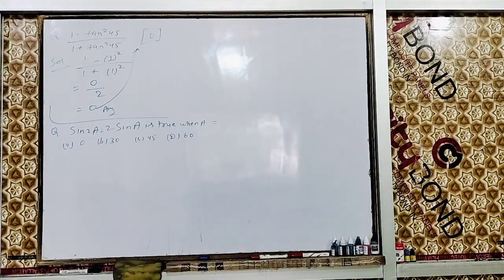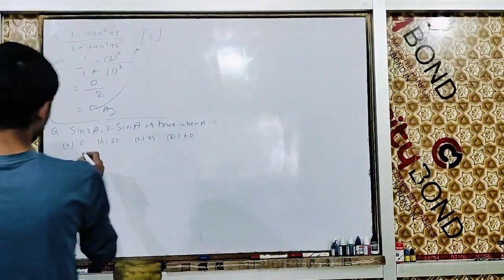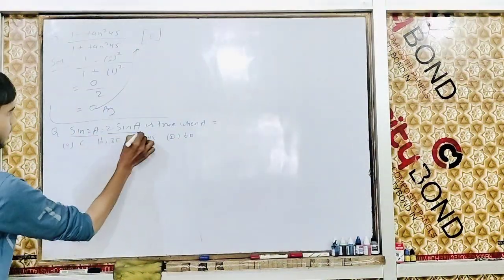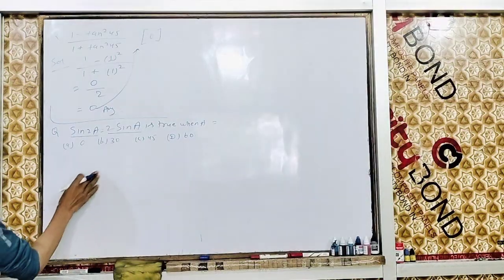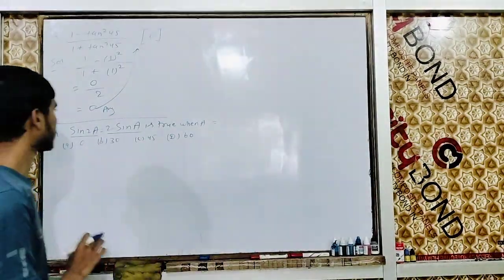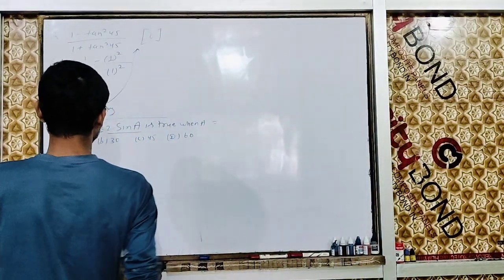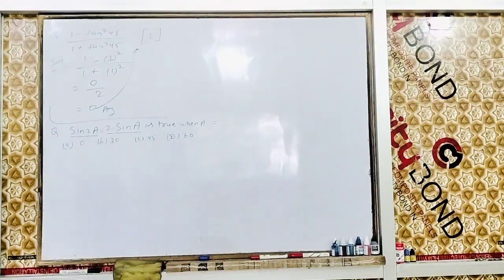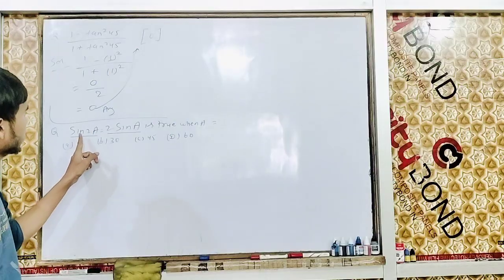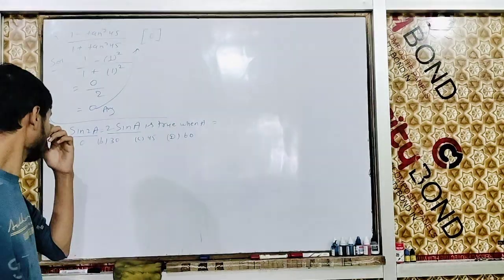Tell me the answer of this question. It is telling you that this side is equal to this side. So which degree will we put so that this becomes equal to this?